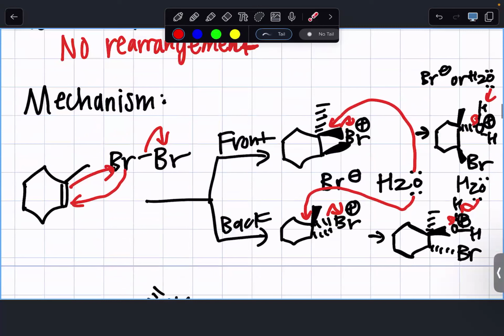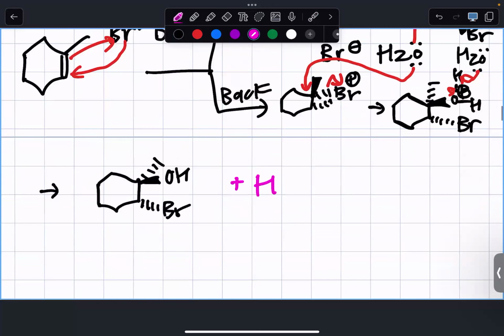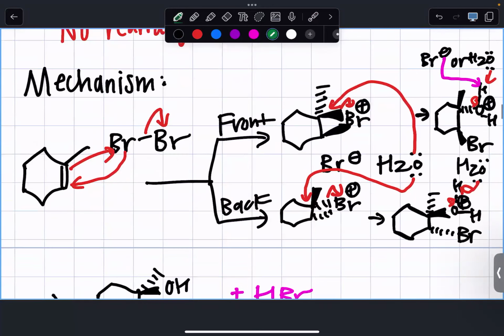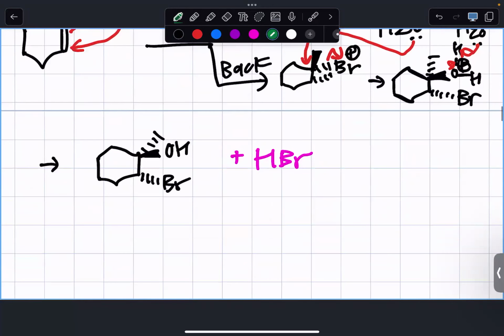Yeah, so if we used Br minus to deprotonate this positively charged oxygen, then we would form HBr. If we used water to deprotonate that oxygen, we would form H3O plus. So we would always have an acidic side product, HBr or H3O plus, depending on what you use to deprotonate.